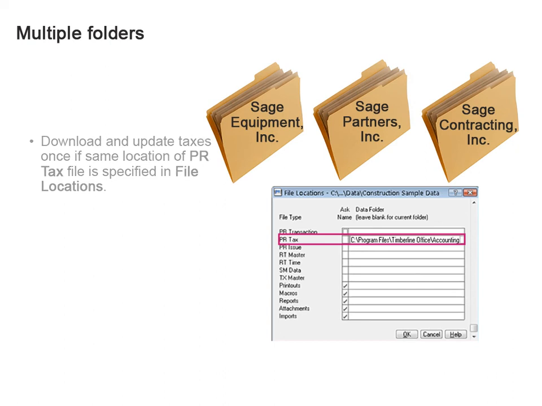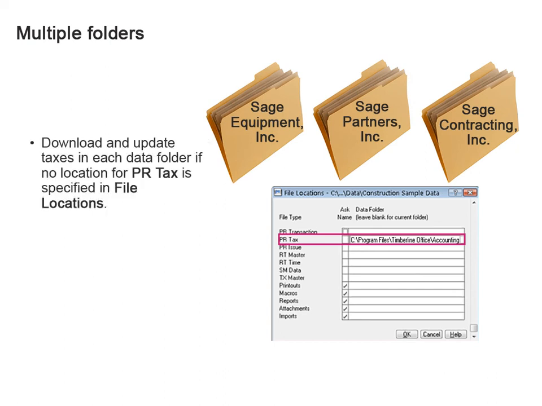But if no location is specified, then you will need to download and update taxes once for each company folder. I can't download the file once and update taxes in each folder? No, because the new.prx file is deleted once you update taxes. So that's why you'll need to download taxes for each company folder.